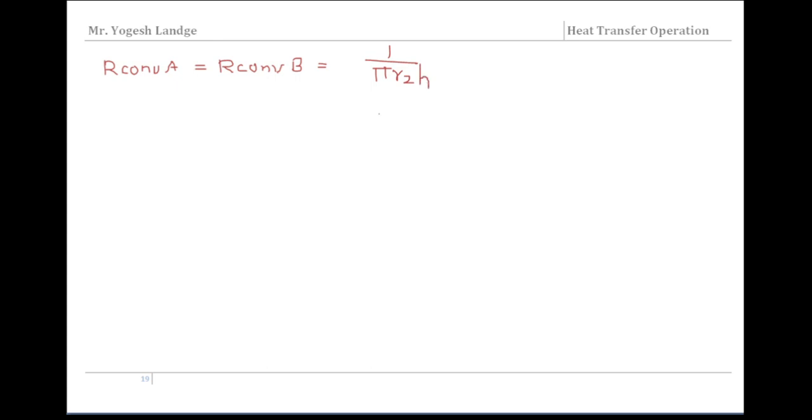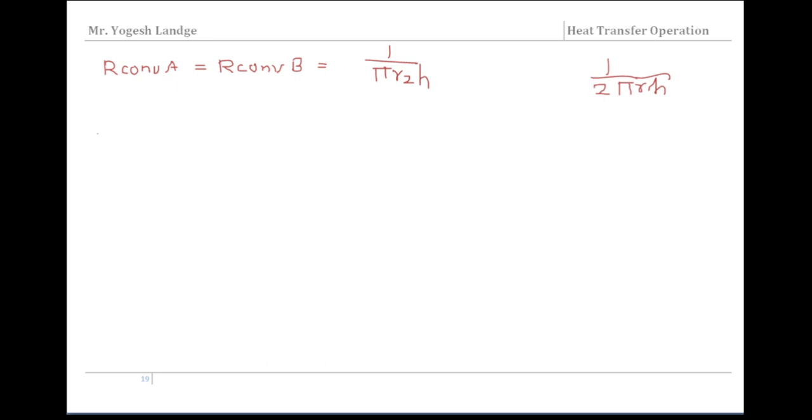Why I'm not taking 2 pi r h: if you see, the resistance by convection is always 2 pi r h, but as we see here, we are using a half portion of it. So that's why I'm writing 1 upon pi r2 h.